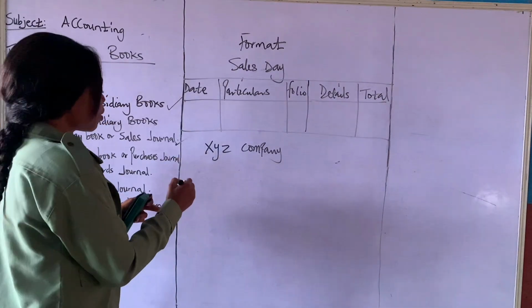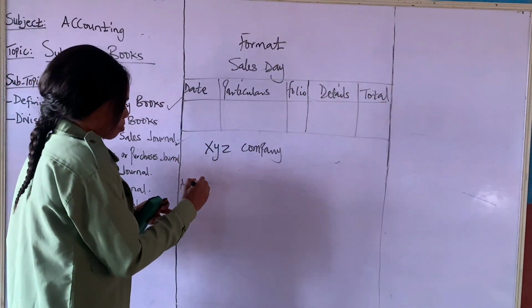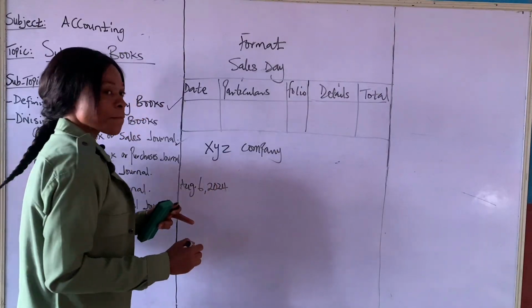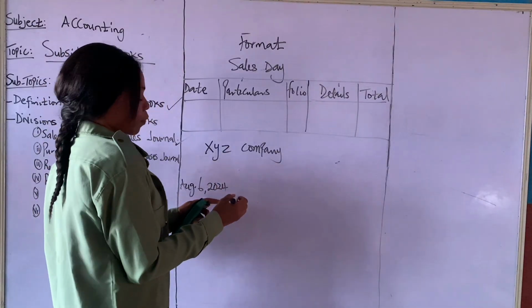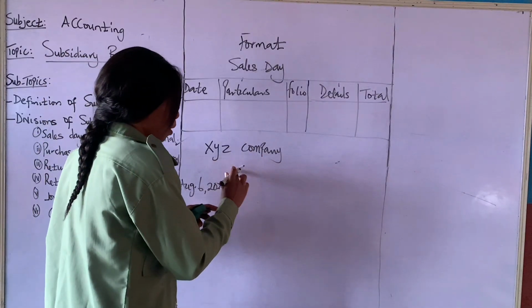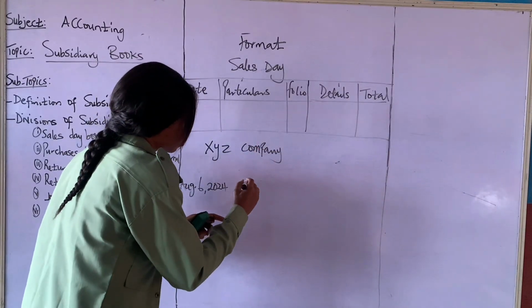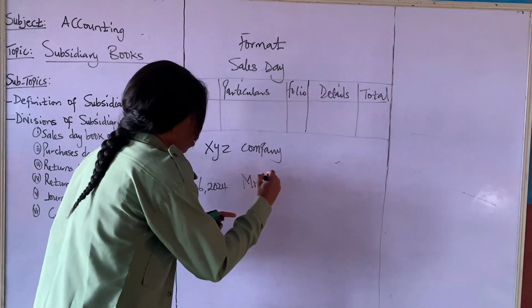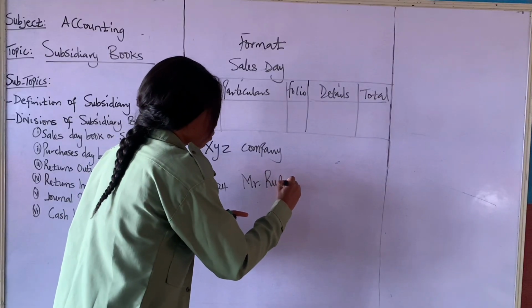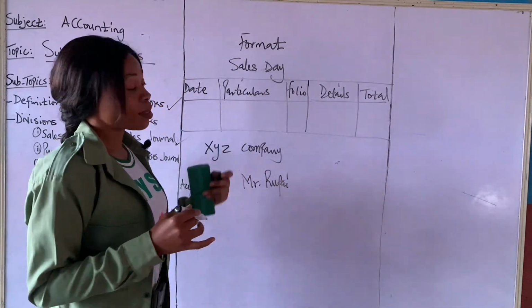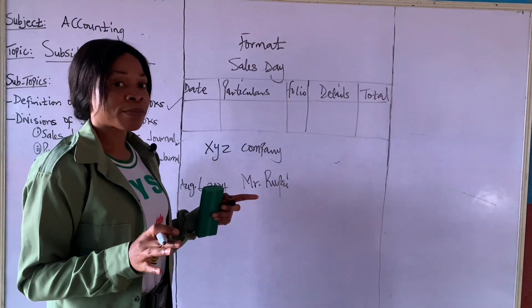Let's assume on the 6th of August 2004, customer A, let's just give a name, let's say Mr. Rufai, purchases an item from XYZ company on credit.